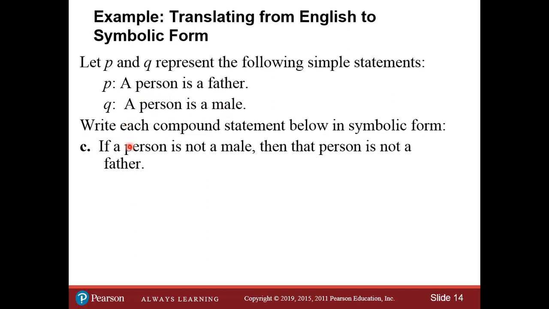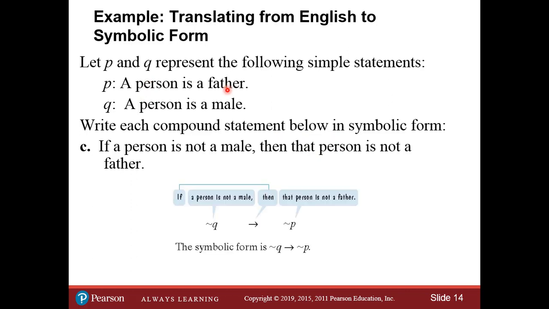So if a person is not a male, then that would be not Q. So not Q, if not Q, then not what? Not P. And so we would say not Q implies not P, and we would write it in this symbolic form.